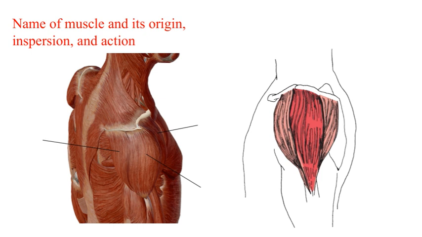The action describes what the muscle does when it contracts, whether it's flexing, extending, rotating, or stabilizing a joint. This information is crucial because it connects the anatomy to the function, illustrating how our muscular system supports everyday activities and complex movements alike. As we go through each muscle, keep in mind how these details fit into the bigger picture of human movement and biomechanics.